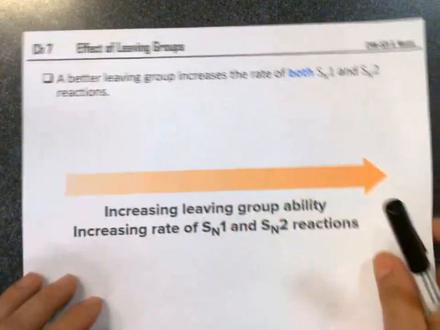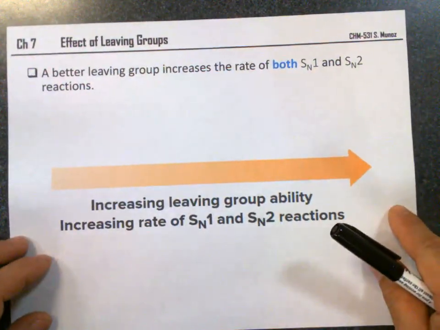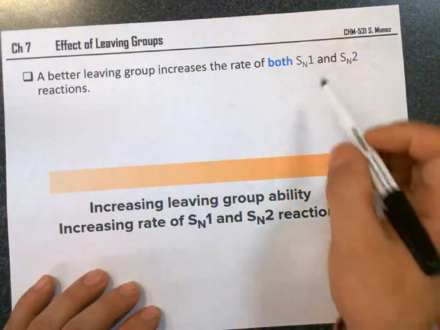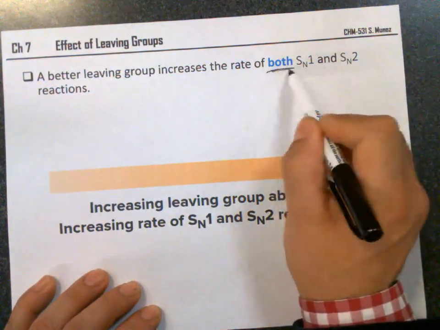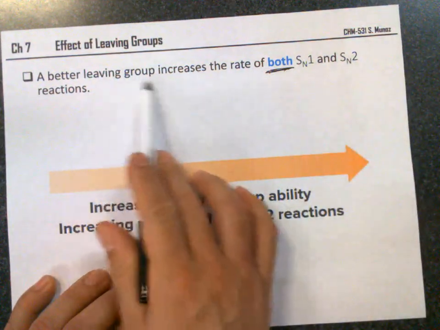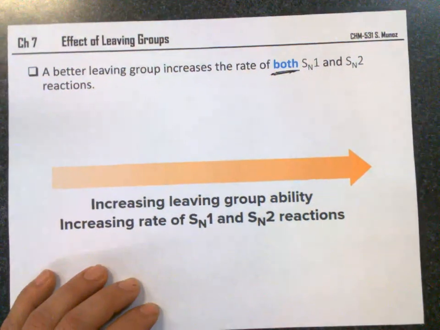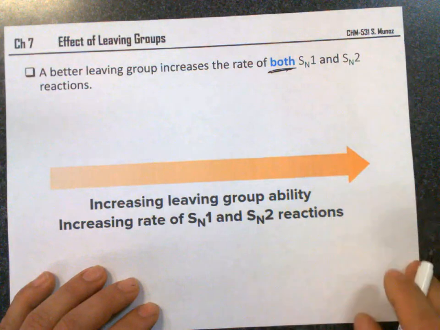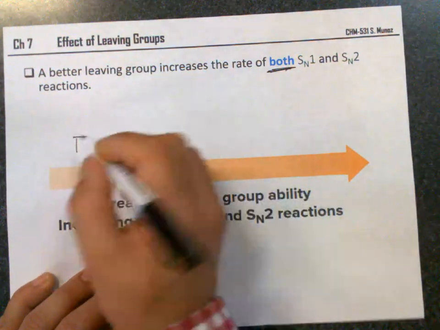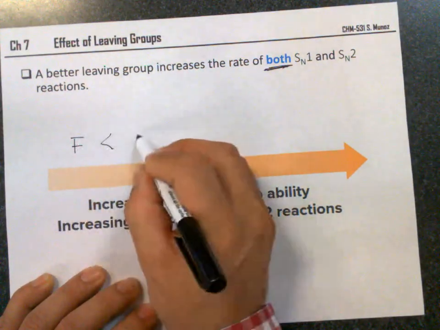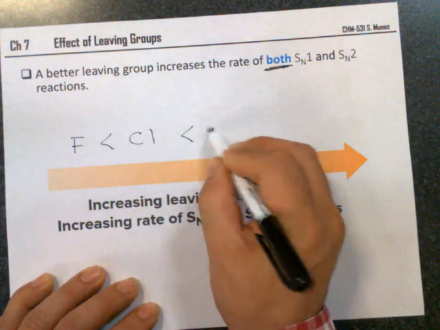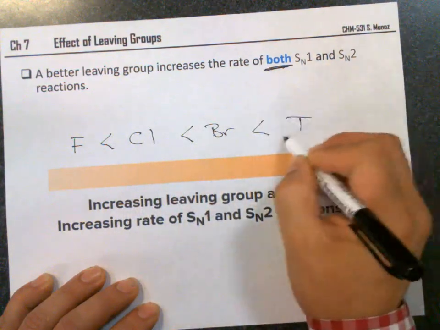So now for the leaving group, this is what I meant, that it's not clear cut because the leaving group ability increases the rate of both. And so it's not that easy. And we know that fluoride is less than chloride, less than bromide, less than iodide.